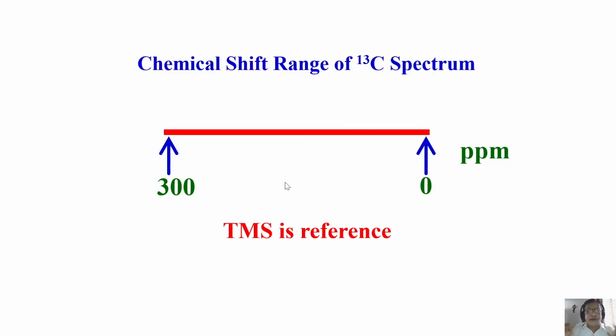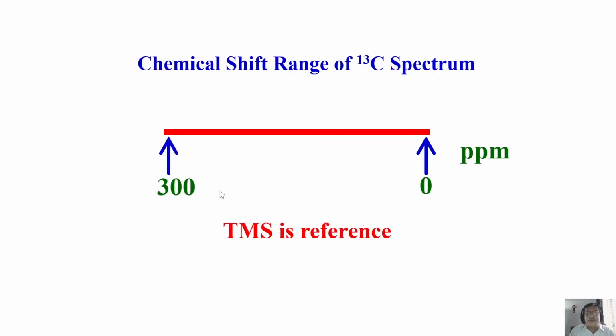That's all my range of observation. That is the width of spectrum I want to see, called spectral width. If I have to see carbon 13 in the same 500 megahertz, it is 125 megahertz for carbon. Now 125 into 300 is 37,500. It becomes huge.